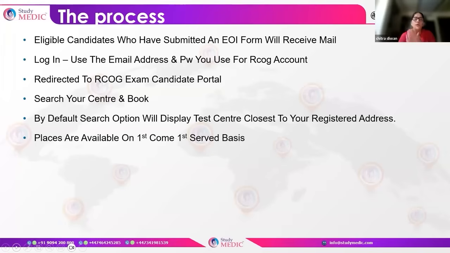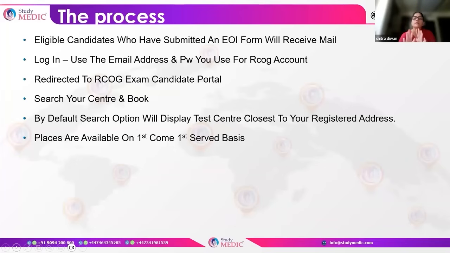Now, when you go to the portal, that is the last thing. There, you have to search your center. Select your center, whichever you want, and then book. So which center are you going to get? There will be so many centers, as the college will be conducting this exam all over the world. So you have put in your registered address.